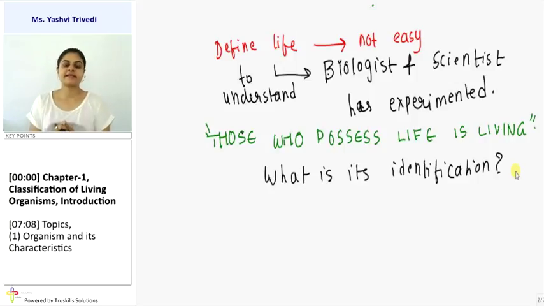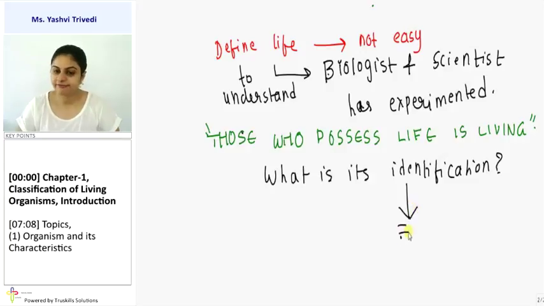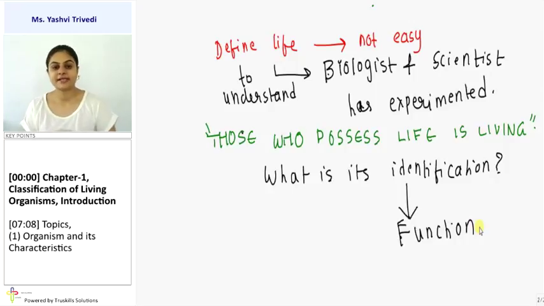Now at this point, they started considering the aspects which can differentiate between living and non-living. For the identification purpose, they were considering the function of a particular organism: how they are functioning, what are the different types of basic or adapted functions of a living organism.